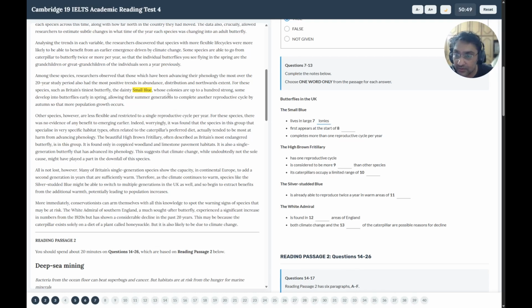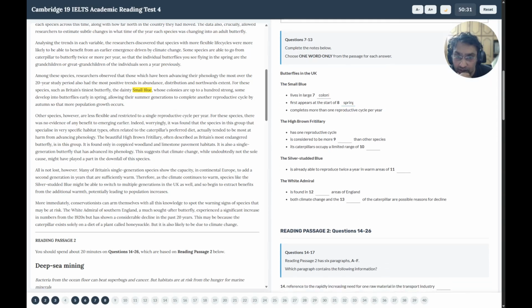Or you can simply copy and then paste it over here. First appears at the start of spring, I guess. Okay. Now the high brown fritillary. This is also a keyword because this is going to be mentioned just like the small blue, with each letter of the first word in capital.